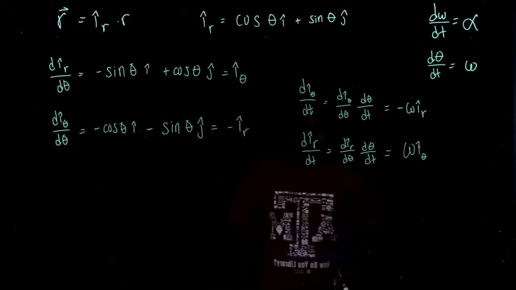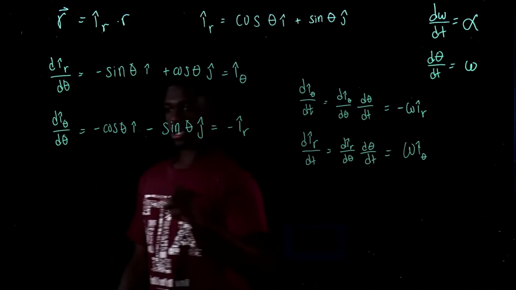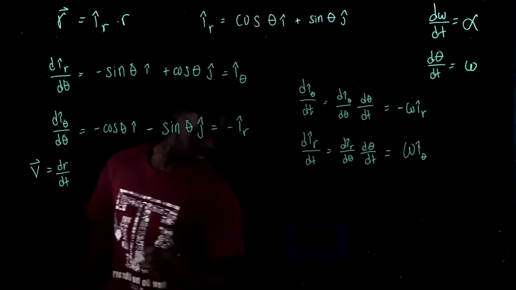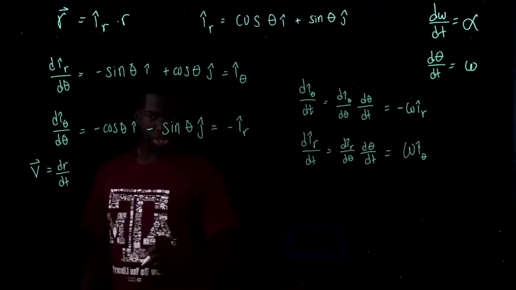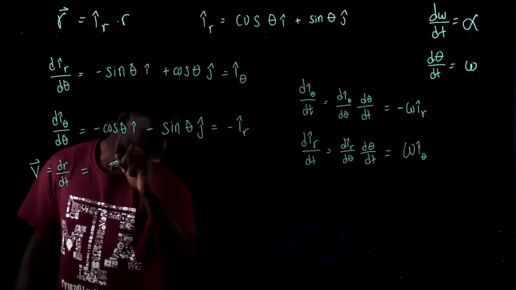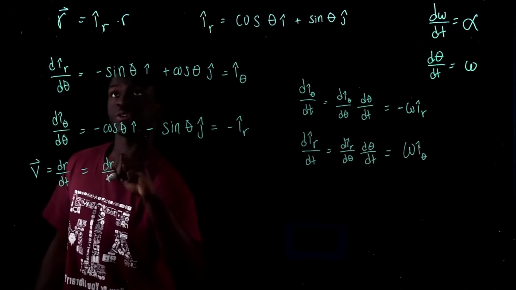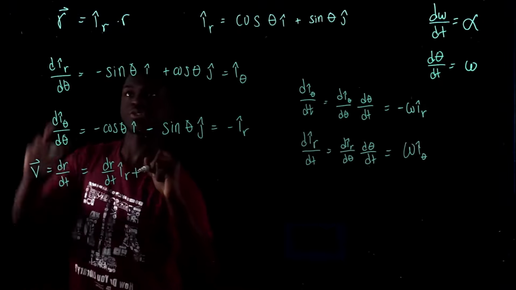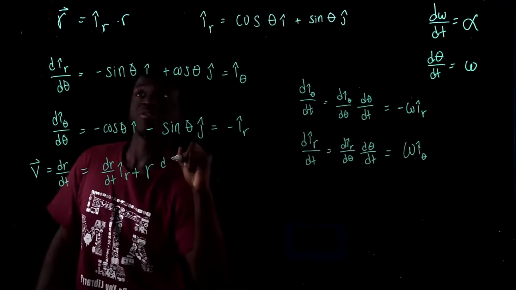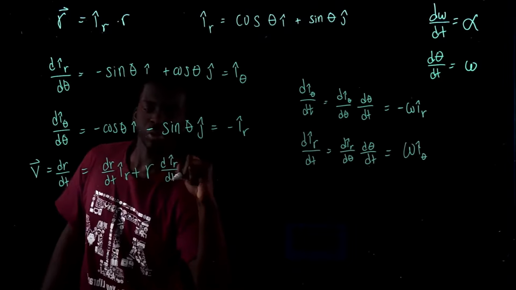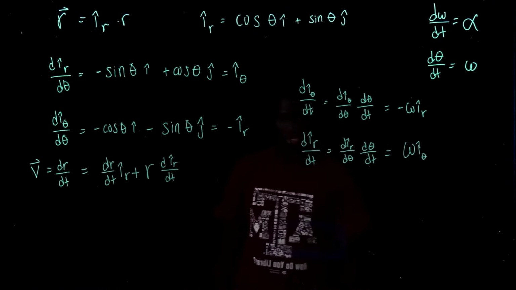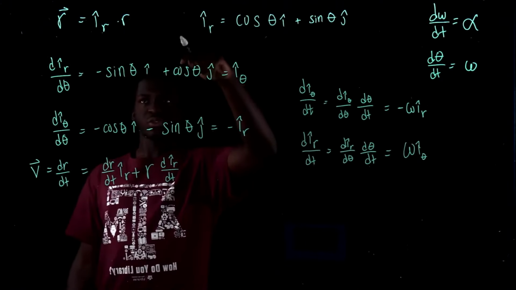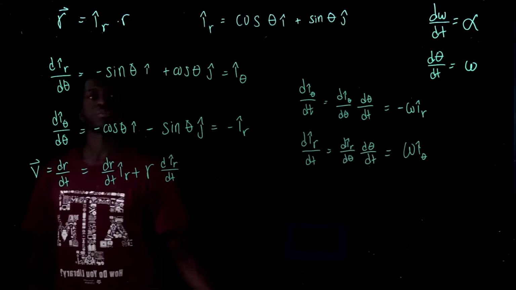So now to find the velocity, we know the formula for velocity is dr over dt. Now we're going to take the product rule, which is equal to dr over dt i_r plus r times di_r over dt. That is the product rule: you take the derivative of the first term, multiply by the second, take the derivative of the second term, multiply by the first.